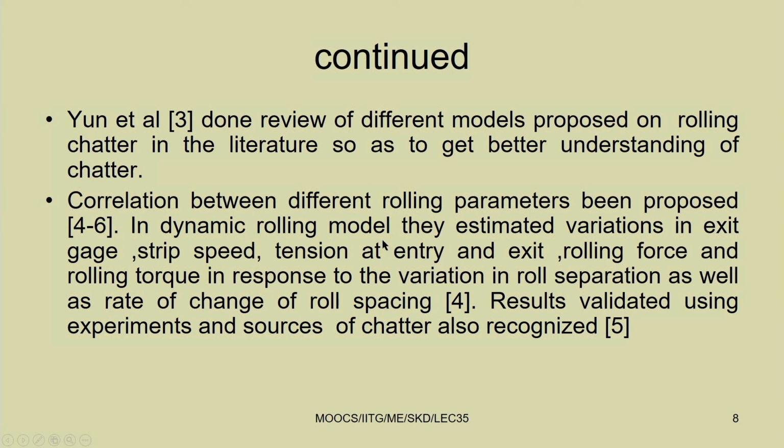In the dynamic rolling model, they estimated variations in the exit gauge, strip speed, tension at the entry and exit, rolling force and rolling torque in response to the variation in roll separation, as well as the rate of change of roll spacing. The results were validated using experiments and sources of chatter were also recognized in this work.